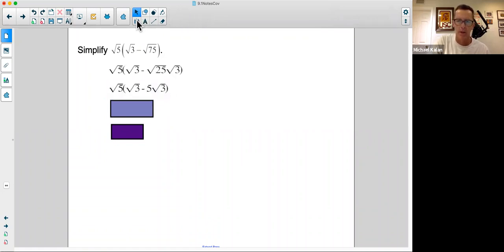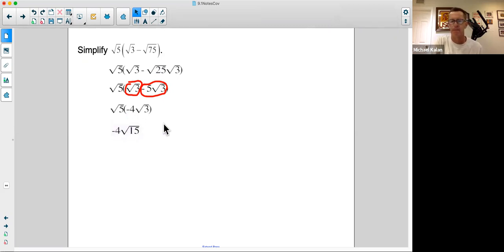Well, aren't these like terms? Isn't this the same unknown radical as in this term? So we had a positive 1 of them and a negative 5 of them. Doesn't that mean we have a negative 4 of them, or negative 4 root 3? And so now this is just a root 5 times minus 4 root 3, which gets us negative 4 root 15.